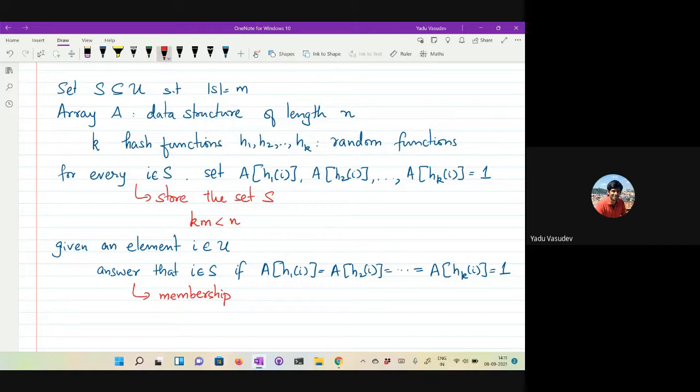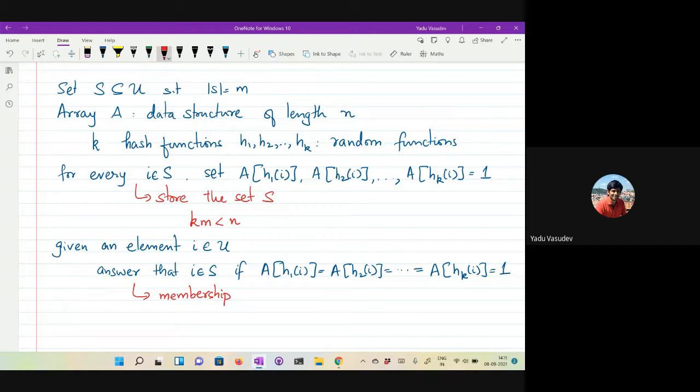Okay. Any questions so far? Is the data structure clear? It's a fairly straightforward data structure. You're just storing some kind of a fingerprint corresponding to every element in the set.